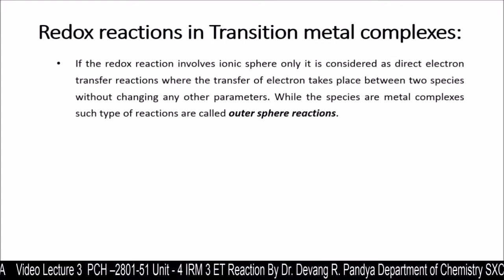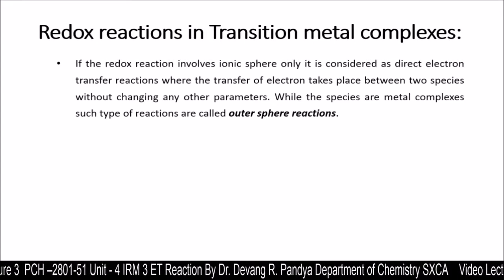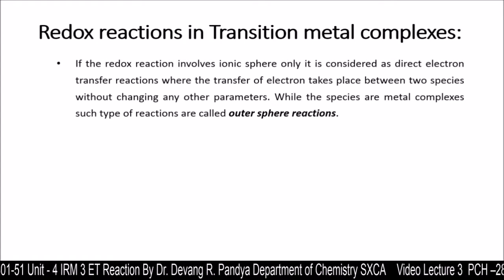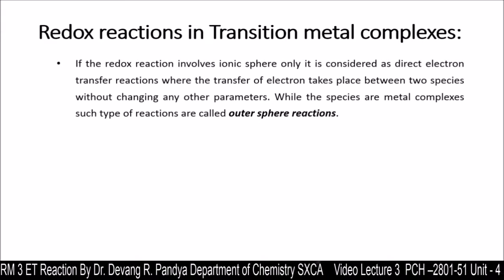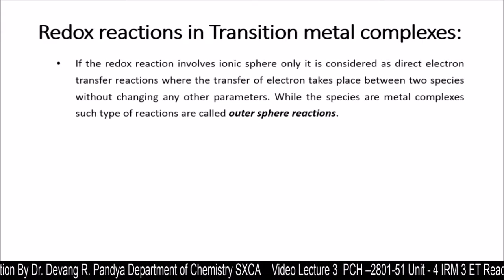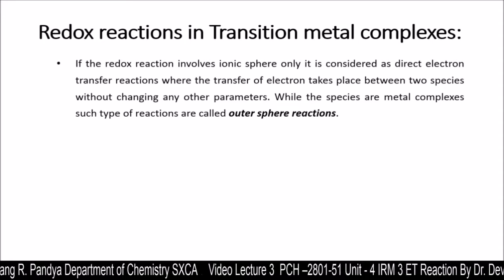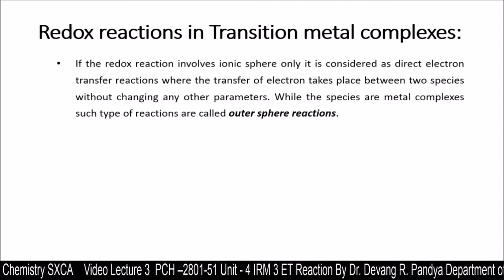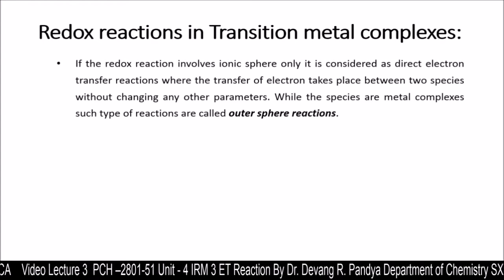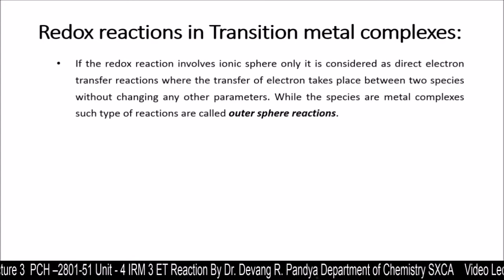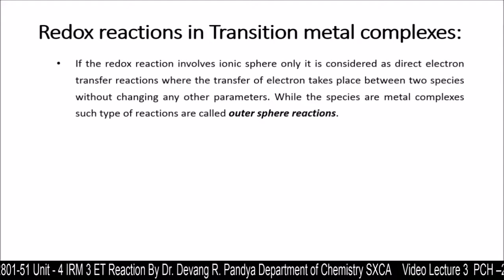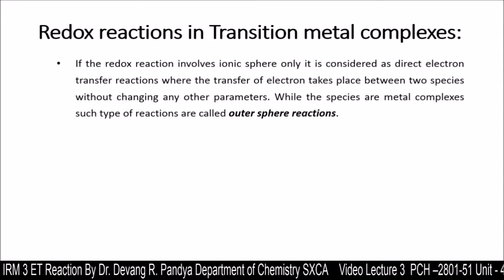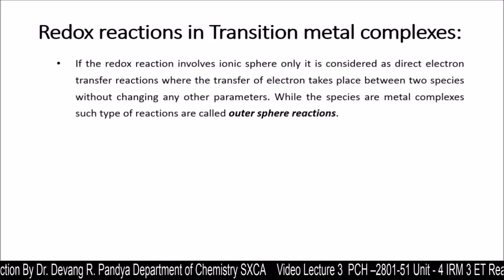While the species are metal complexes, such types of reactions are called outer sphere reaction mechanism. So this is applicable for metal complexes. When this kind of transfer takes place from one sphere to the other, one complex to the other, then it is considered as outer sphere without changing any parameter. There is no bridging ligand, there is no variation from one complex to the other, only electron transfer from one species to the other.